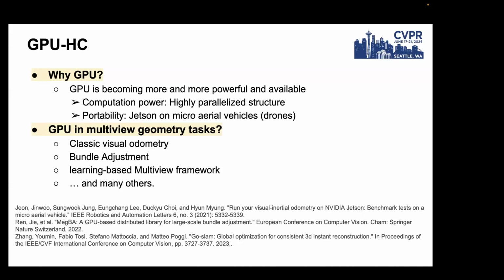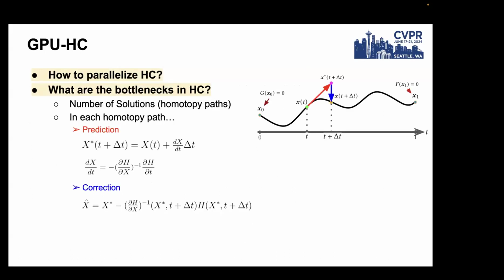Recently, we have Jetson that can be installed on any kind of drones or self-driving cars. In the multi-view geometry community, GPU is already widely used nearly everywhere, from classic visual odometry to bundle adjustment to, no doubt, the learning frameworks.